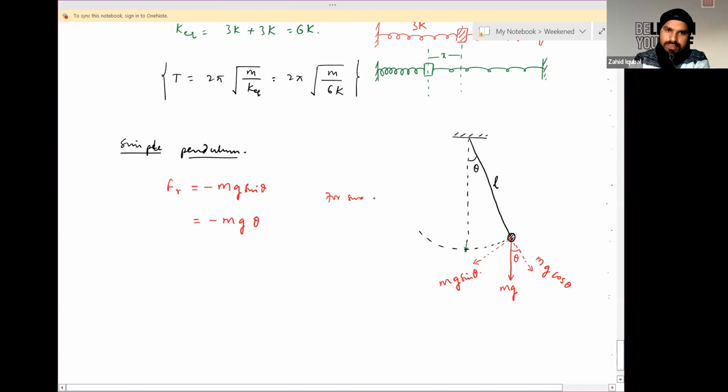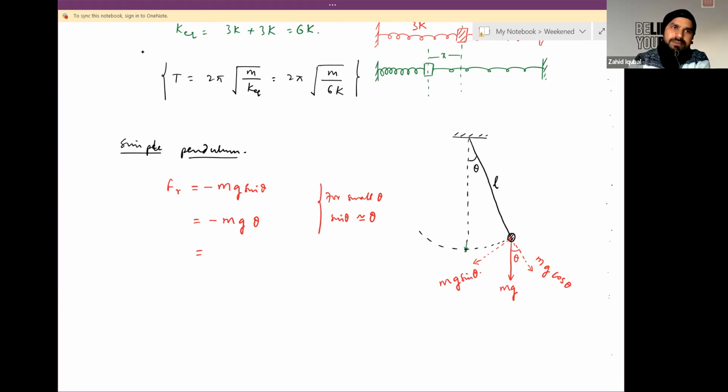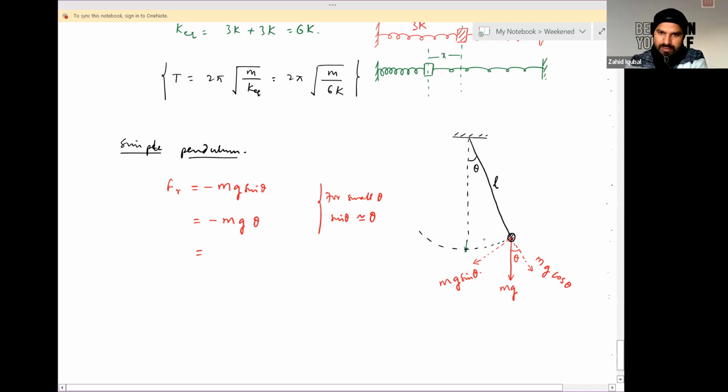For small theta, sine theta just equals to theta. Now theta equals to length of arc by radius. So let's say displacement of this bob from its mean position is x. So theta will equal length of arc by its radius, that is L. So it will be minus of mg times x divided by L equals to F restoring force.